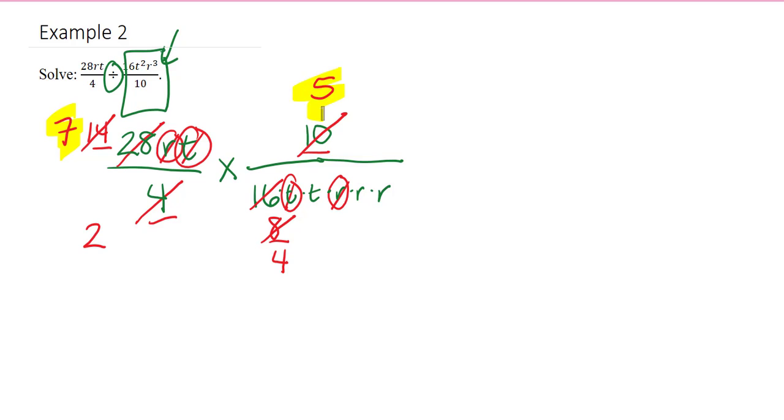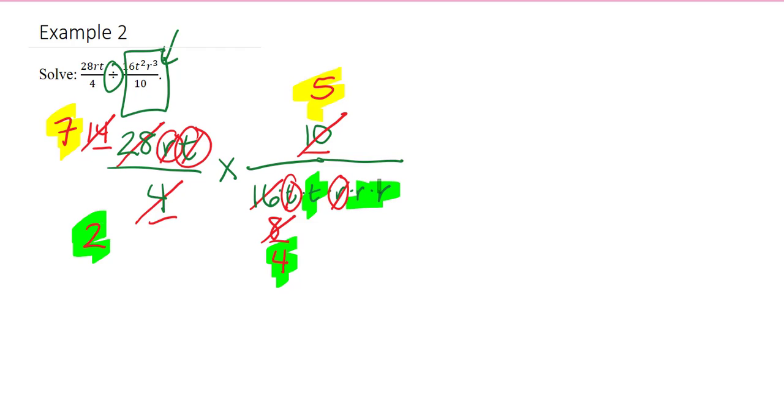So here we have these numbers we're going to multiply. We don't have any more variables to multiply because we took those all out. So we only have 7 times 5 on the top. And then on the bottom we have this 2, this 4, t, and then r, and r.